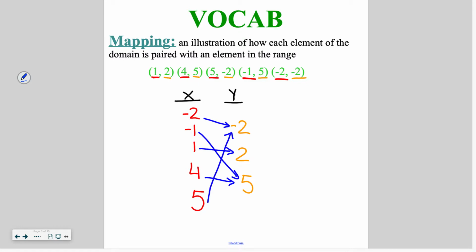So it shows you how each point in the domain connects to its value in the range. So in this case, if we look at this, this does illustrate a function. Each number in the domain only has one arrow going out, so each number is going to its own answer. Some of the answers are repeated, but each number can only connect to one answer.